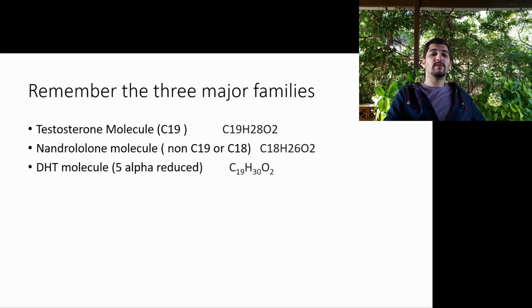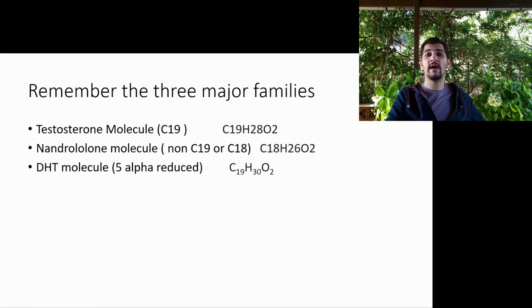So remember the three major androgen molecule families. The testosterone family is the parent compound of the Nandrolone family and the DHT family. Also, the testosterone family has 19 carbons, but the Nandrolone molecule has 18 carbons.